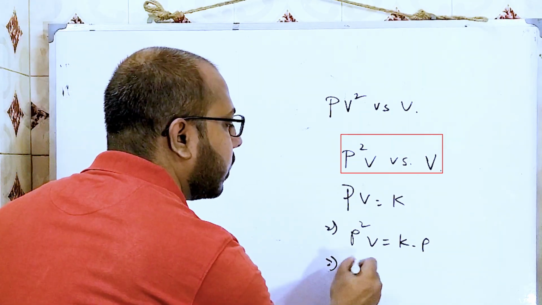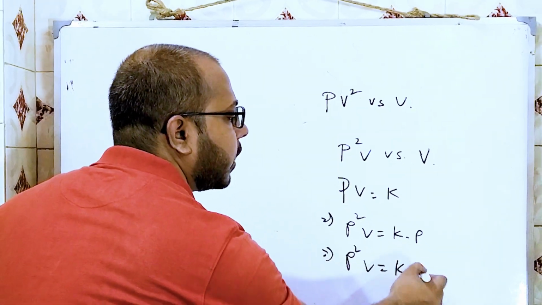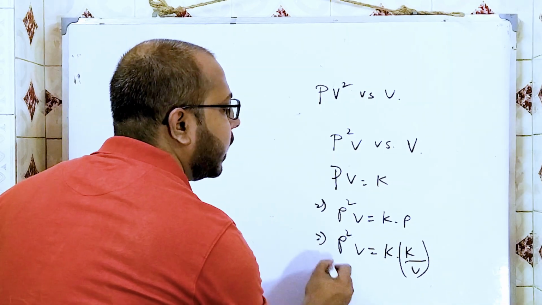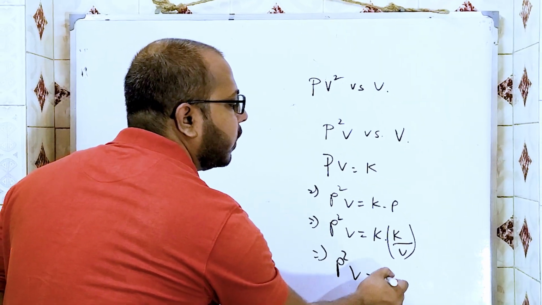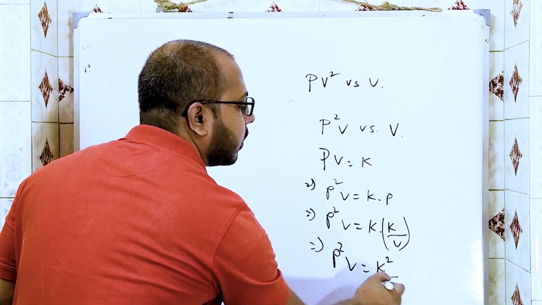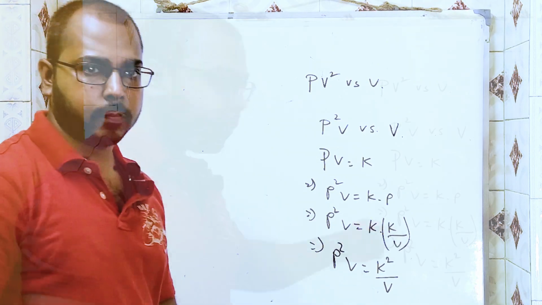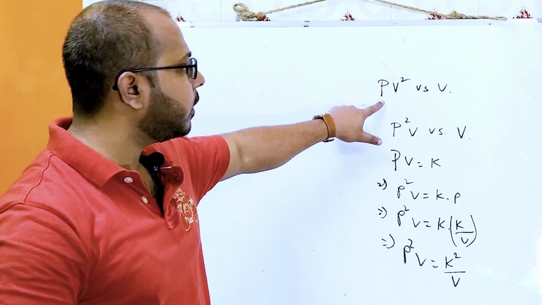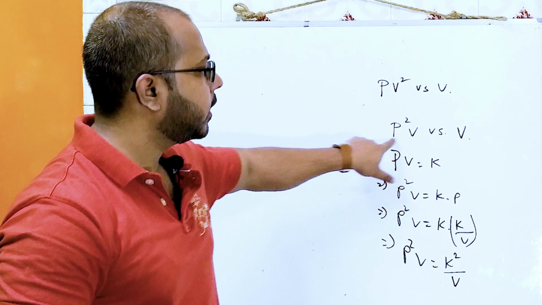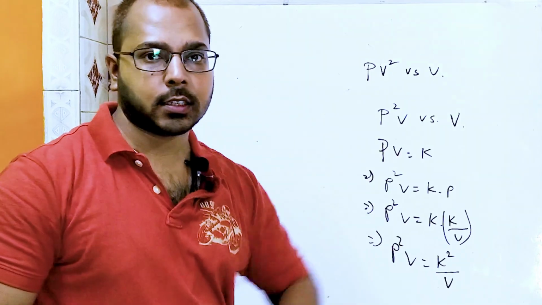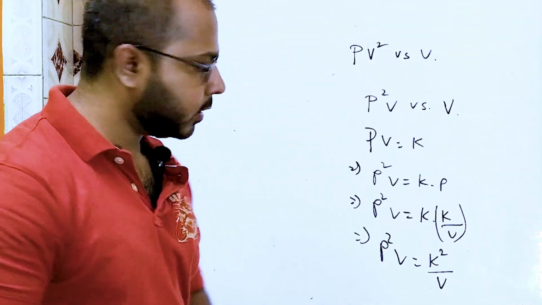But here P square V equals, again we need to put K by V, because P square V is the y axis and V is the x axis, isn't it?